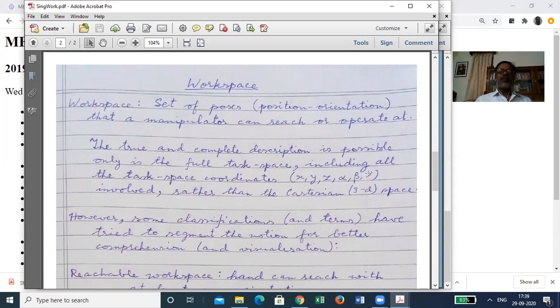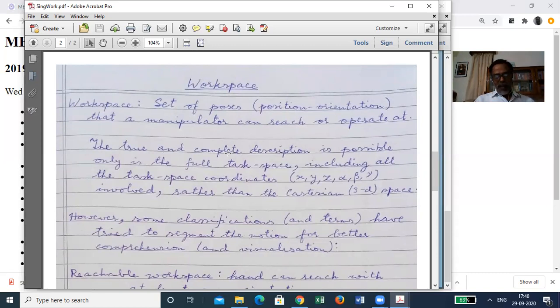Okay. But if you could operate in that space, okay, that is the task space, then you could simply work out a volume in that space and then say that this is the workspace in the 6D space. Okay. But that we don't work with. So we try to see specific projections of this six-dimensional space in 3D space, particularly 3D Cartesian space.